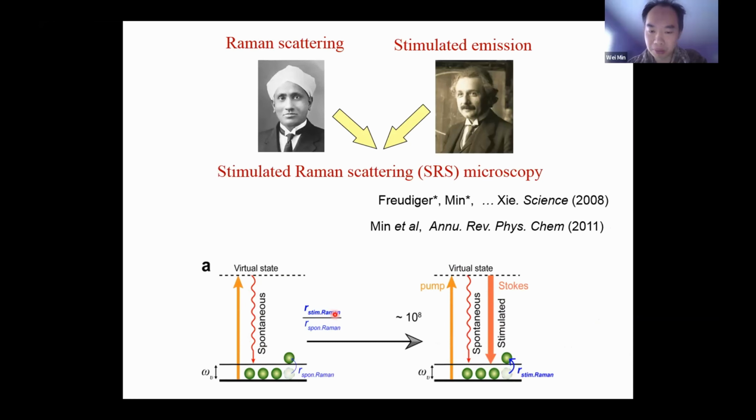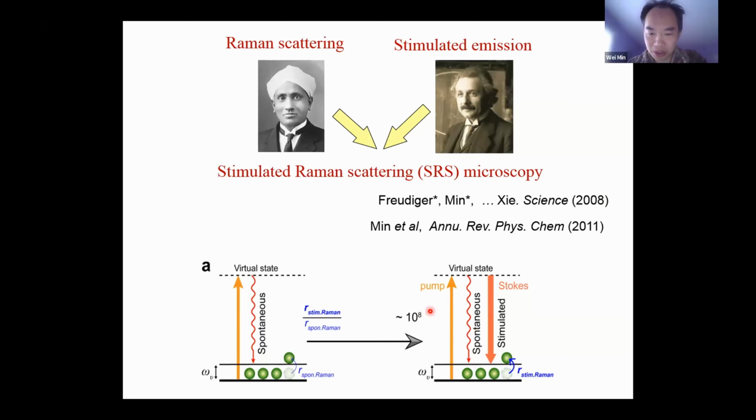Experimentally, under our microscopy condition, we measured that this rate of vibrational transition can be accelerated up to 8 orders of magnitude. But this was an experimental observation. For a long time, since 2008, the field did not have a quantitative theory to explain why this is 10 to the 8th and what factors contribute to that.